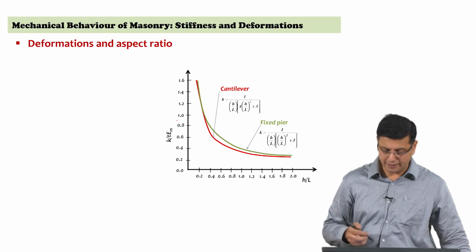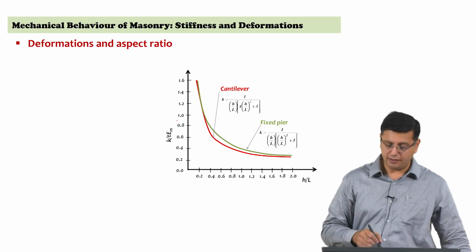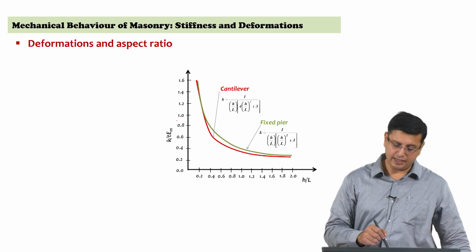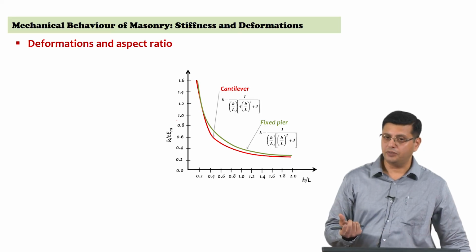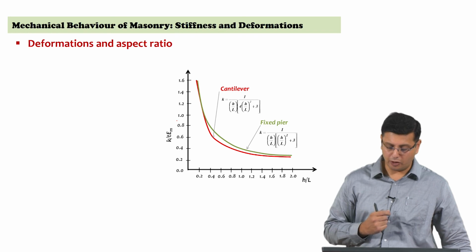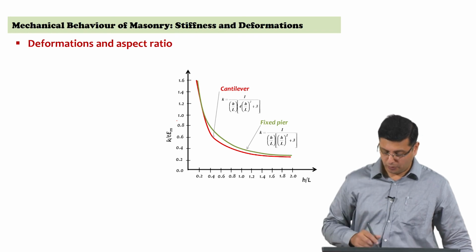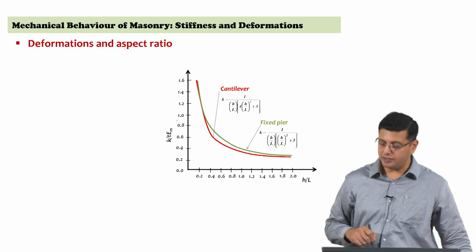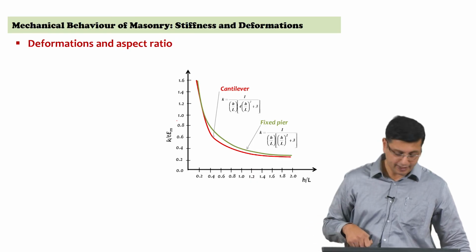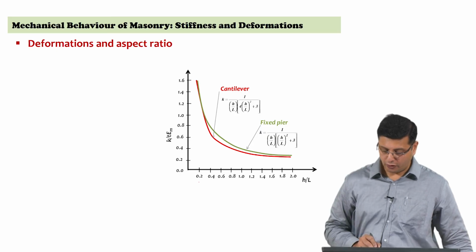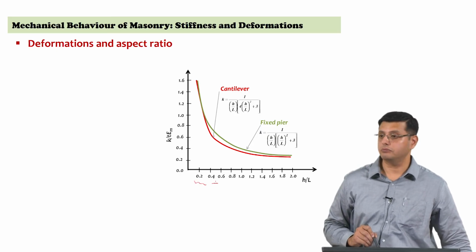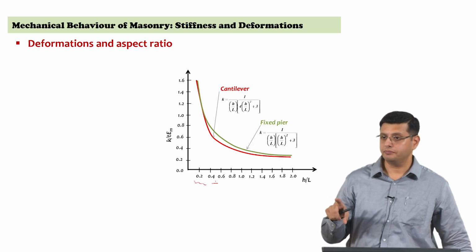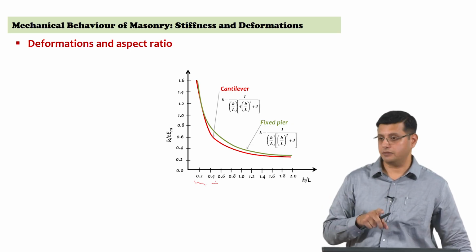So, if I were to look at the normalized stiffness on the y axis, I have stiffness k divided by the thickness of the wall t and the modulus of elasticity of masonry, and if I have the aspect ratio h by l on the x axis, you see that for small aspect ratios, implying that we are looking at squat walls, the shear deformation prevails.